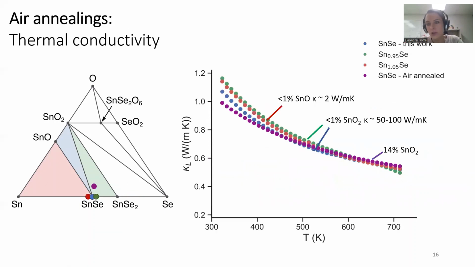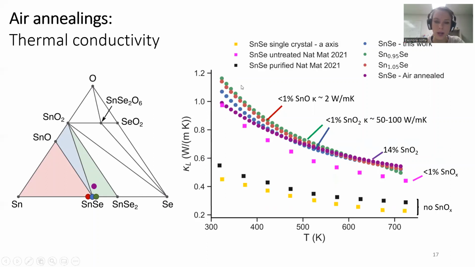However, we do not really see much of a difference again. There's not a significant difference with respect to the other samples, as well as the samples from the literature that were reported as being untreated. So we have seen that no matter what kind of oxide and no matter what amount of oxide, at least below 14%, we do not seem to have a significant difference in the overall thermal conductivity of a sample.